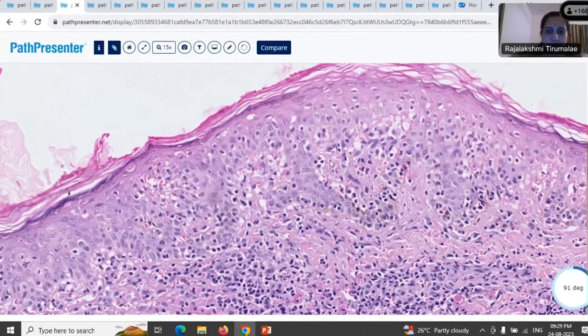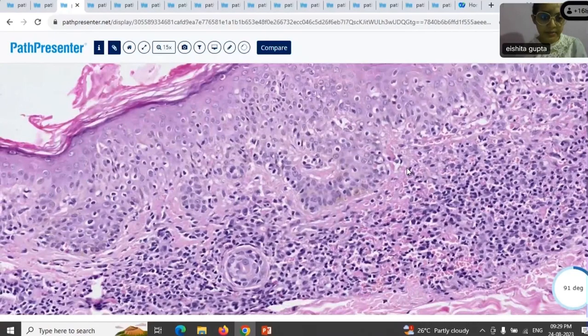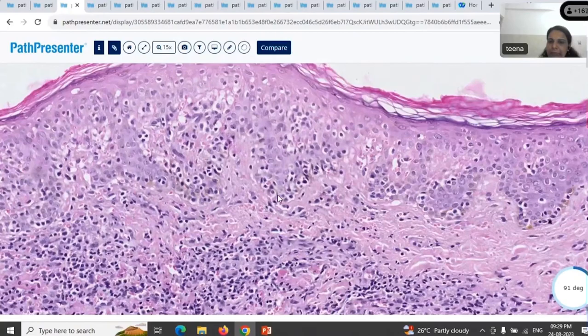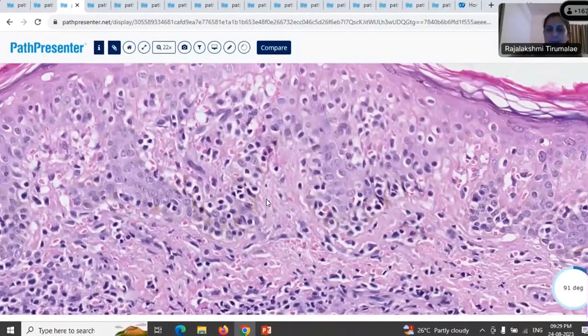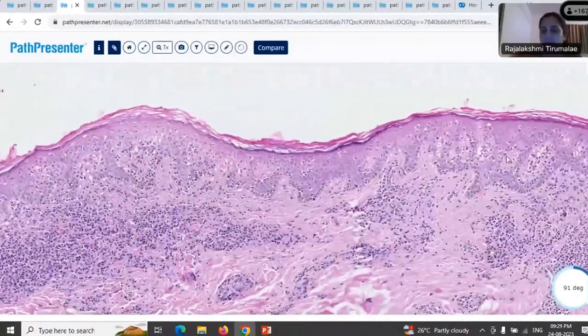I'm pointing to something. What are these cells? There are so many of them in the epidermis, isn't it? Epidermotropism. What cells are those? Neutrophils? Are they neutrophils? Look at the nucleus, they are not lobed, right? Lymphocytes. These are lymphocytes. So you have a lot of lymphocytes in the epidermis.